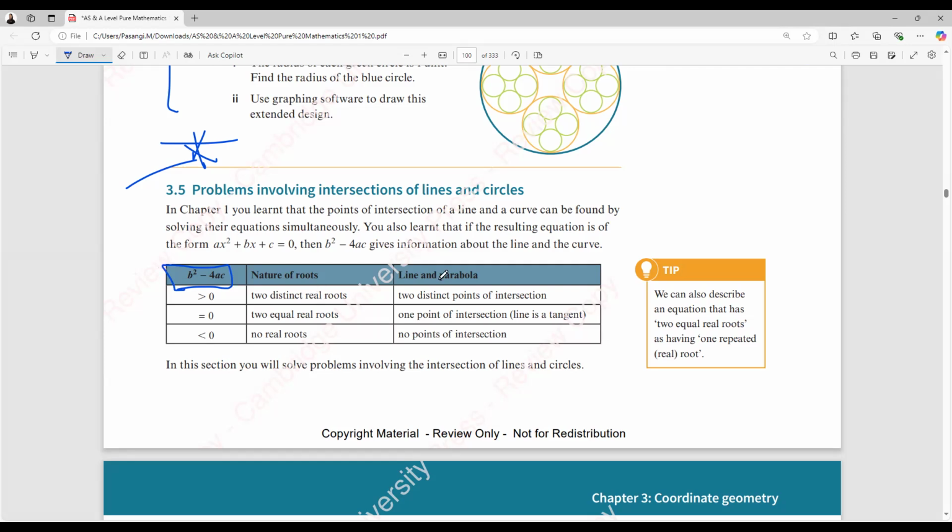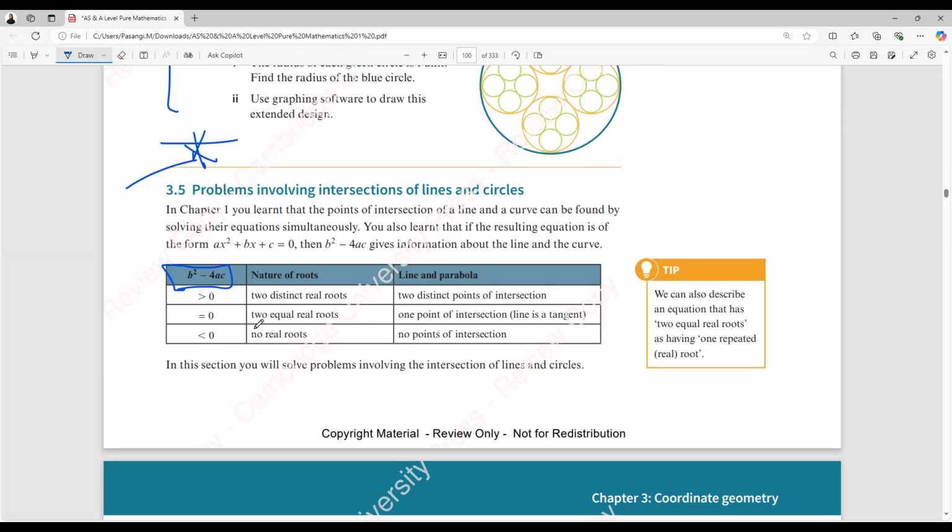That means for a line and a parabola, there are two distinct points of intersection. If it equals 0, we have two equal roots, which means one point of intersection, and the line is a tangent.